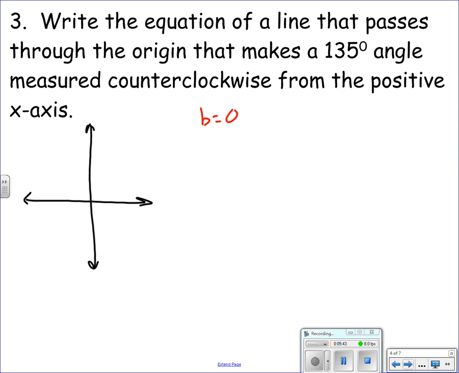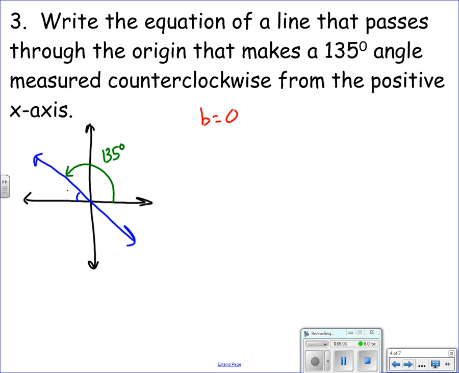So if I make 135 measured counterclockwise, so I rotate it that way 135 degrees, I'm looking for the equation of that line.